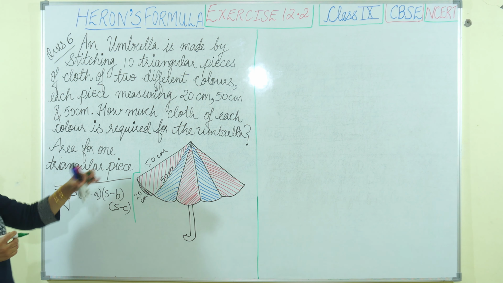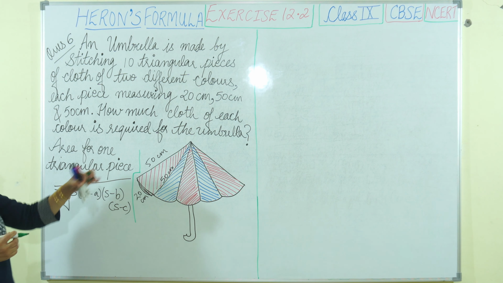So it will be equal to 60 into 40 into 10 into 10. One pair we already have and one pair we will get from here. It can be easily written as 6 into 2 into 2 into 10 into 10 into 10 into 10. To find the square root we need pairs.